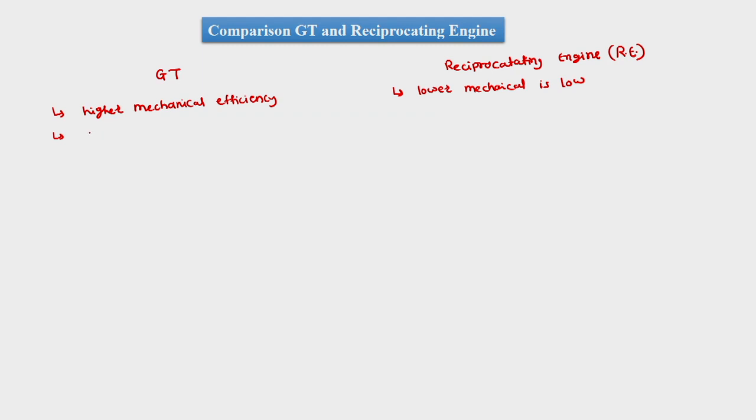Then in case of gas turbine, balancing of the engine is less complicated, since we directly get the rotational power. However, here we have to convert the reciprocating motion into the rotary motion, hence balancing is critical, or at least an involved job in case of reciprocating engine.